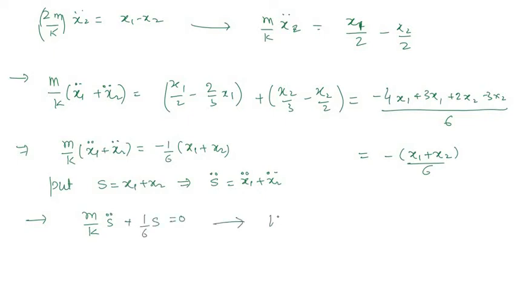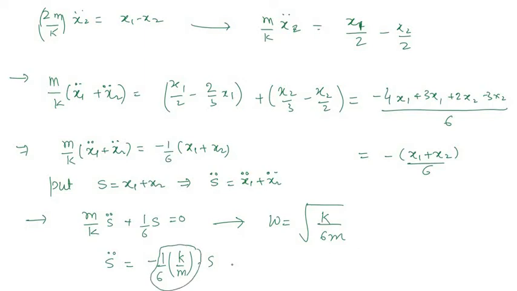So from here your omega is equal to under root of k by 6m. So you write this equation s double dot is equal to minus 1 by 6 k by m into s. So that is your frequency of oscillation. So omega square is equal to k by 6m. So omega is equal to this.